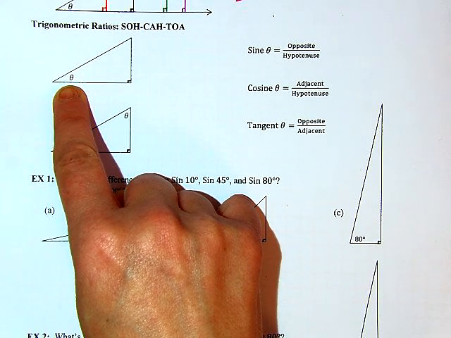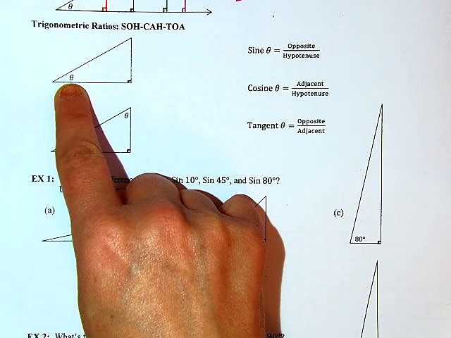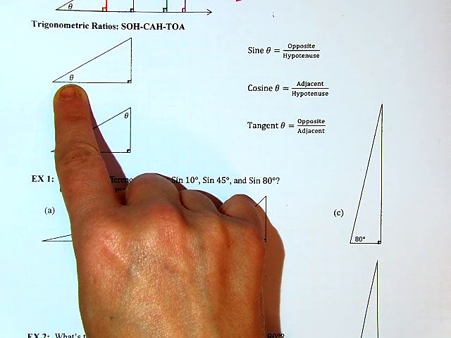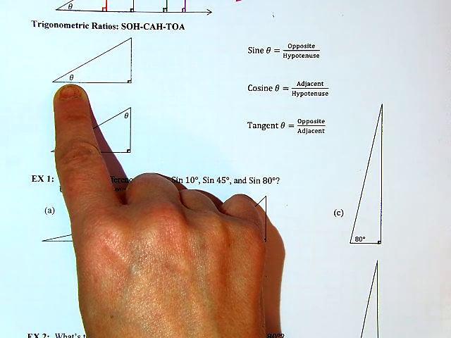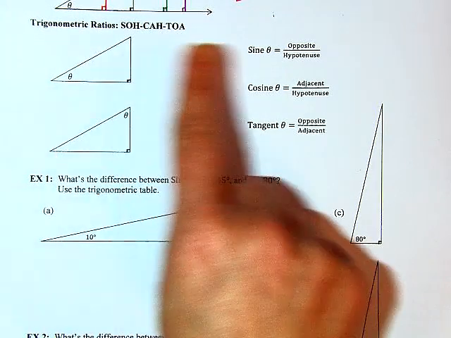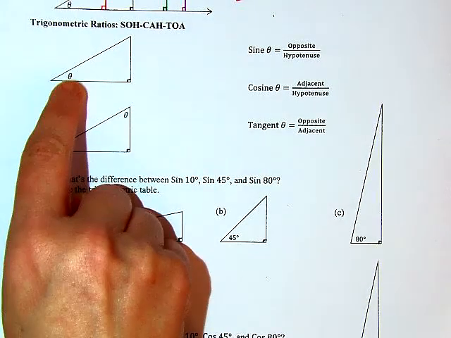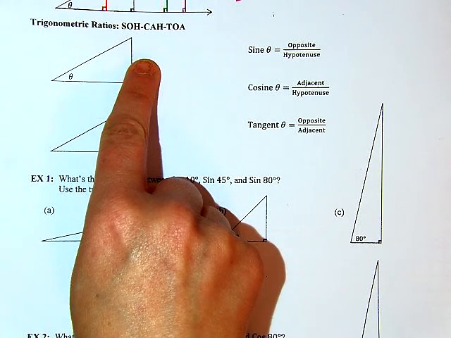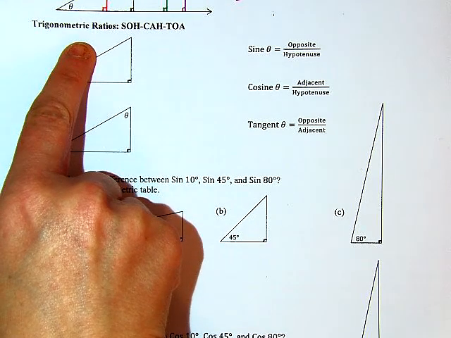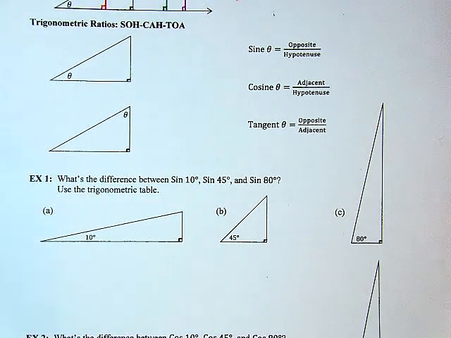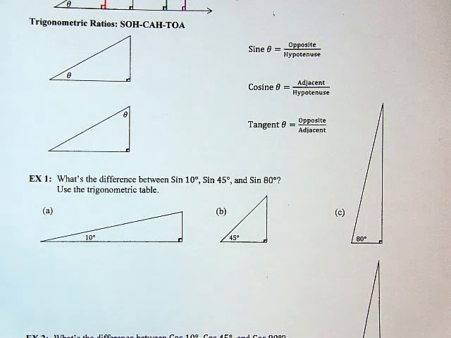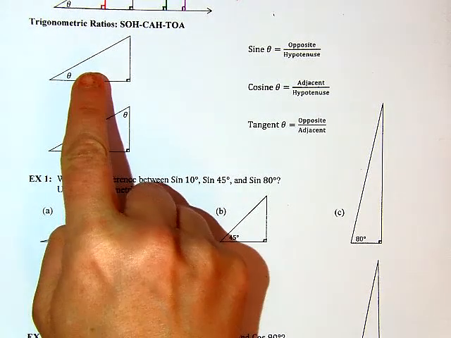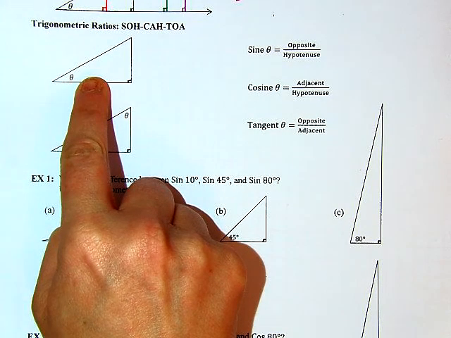But let's give it a concrete value for a moment. Imagine that it's 10 degrees. What ends up happening is that our sides, the ratios, are set in stone. So my sine ratio says if this is the reference angle, this would be the side that's opposite. This would be the hypotenuse. That ratio would be a constant. It would be always the same regardless of how big the triangle is, right?